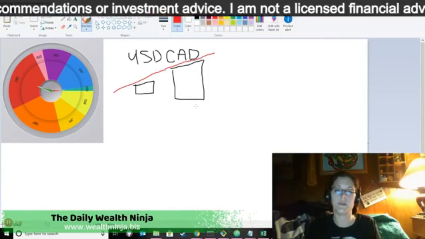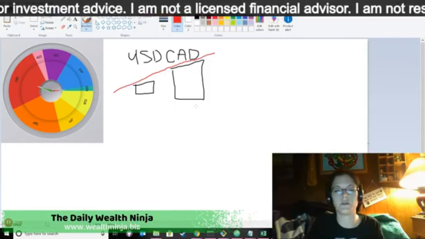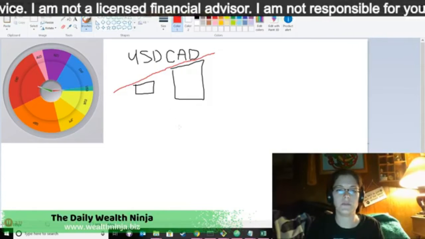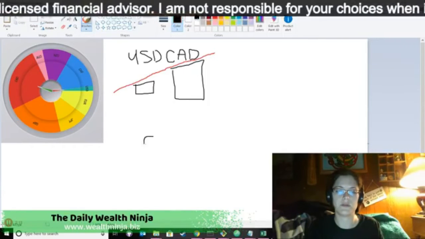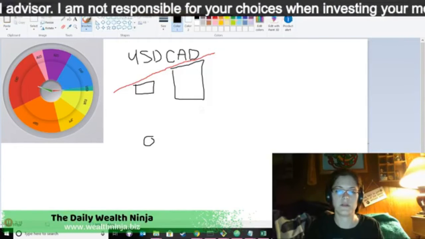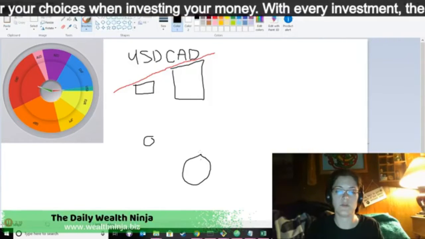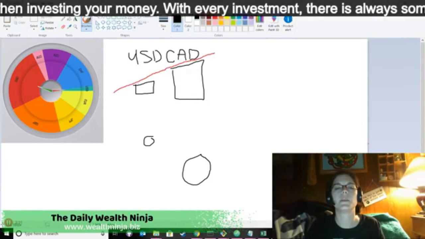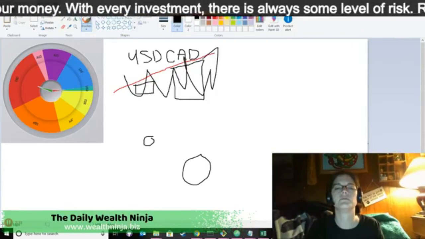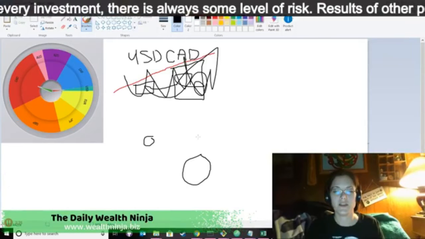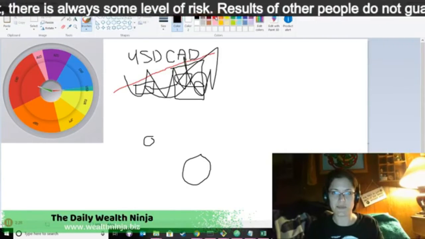This would be the teeter-totter example. And so that wouldn't work then. So ignore that top part. That's not true.